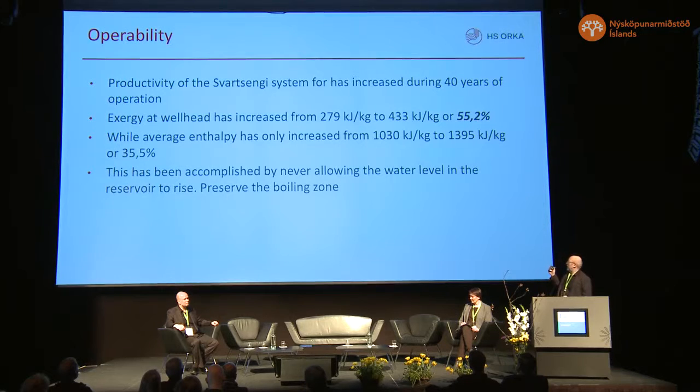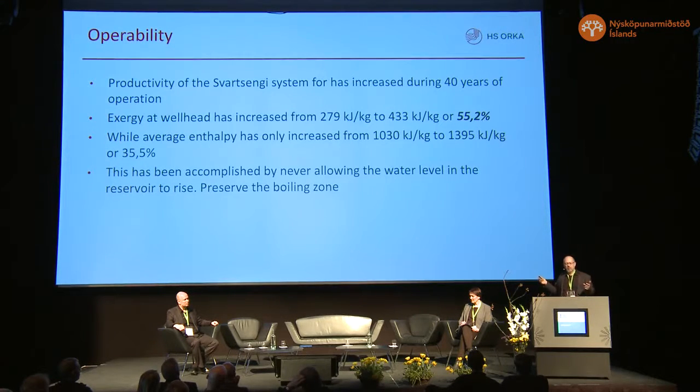Because of this drawdown and the growing steam zone or two-phase zone, we have increased the enthalpy and especially the exergy. The exergy is the physical number for how much power it can produce.